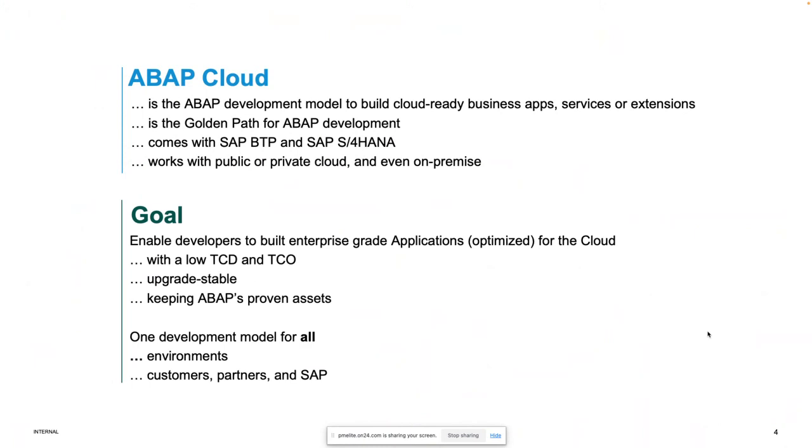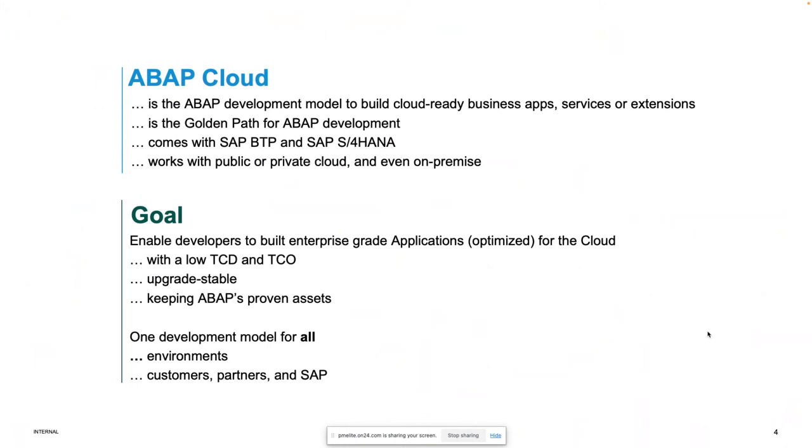ABAP Cloud is our goal to enable you as developers or architects to build those enterprise-grade applications you have built earlier with the Dynpro programming model, for example, but now in the cloud. And the focus for us here is that you can build these ABAP Cloud applications with a meaningful low TCD and operate them in the cloud with a low TCO.